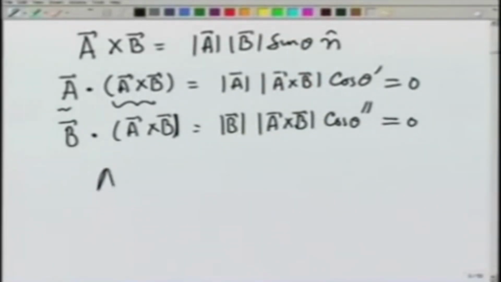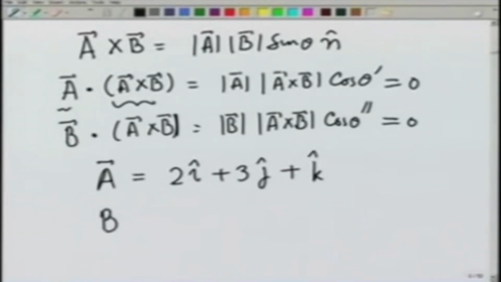Let us take A to be a vector, let us say 2i plus 3j plus k, and B to be a vector, let us say minus 3i plus 4j minus 5k.